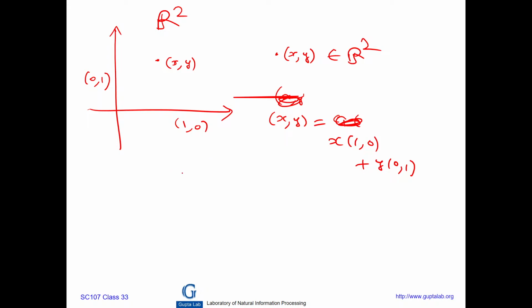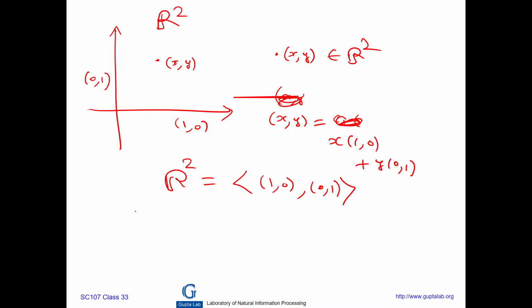That means any point in R square is a linear combination of these two vectors.